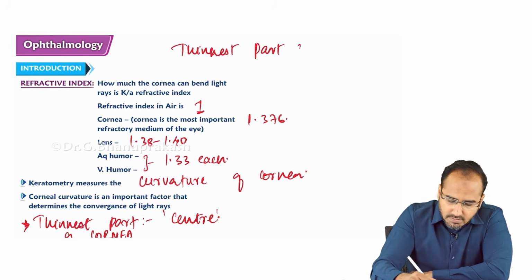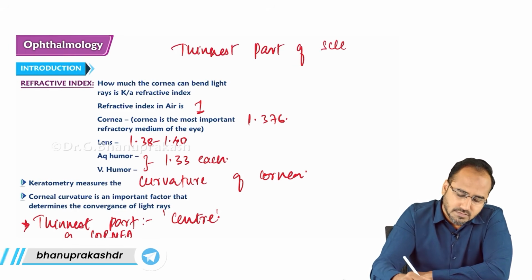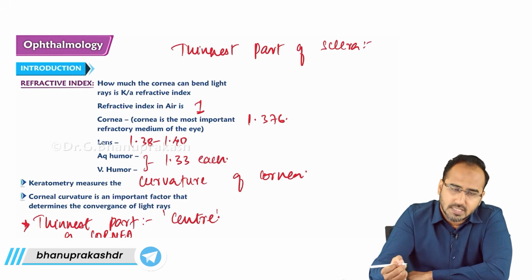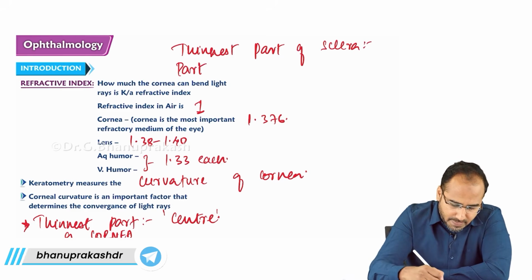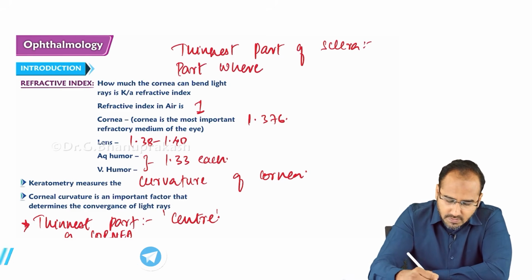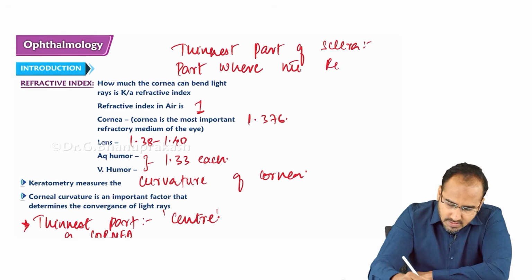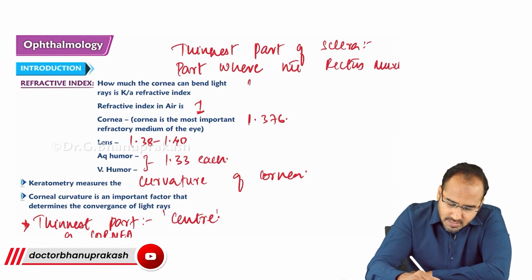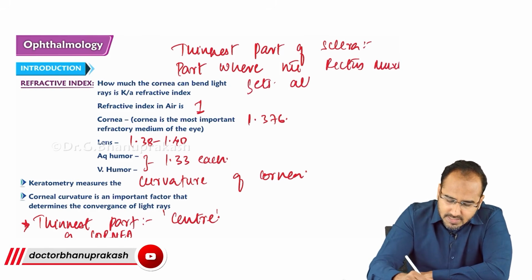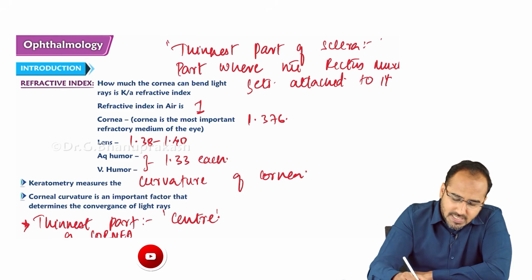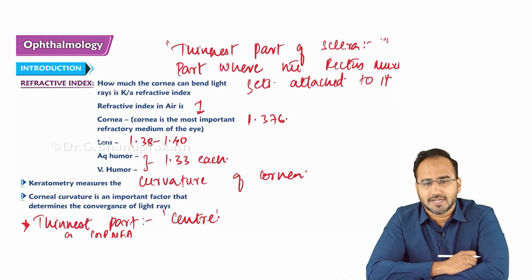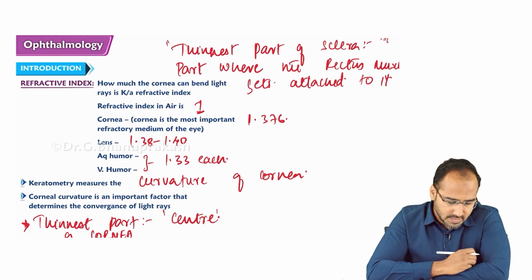The thinnest part of the sclera is the part where the rectus muscle gets attached to it. Okay. Next.